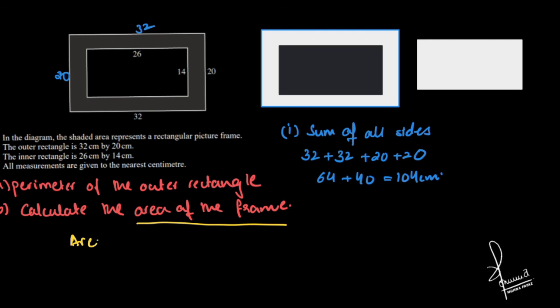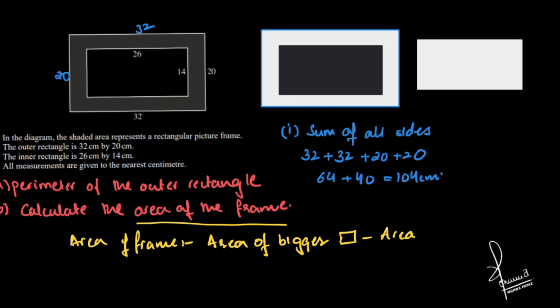So area of frame, like we talked about, is area of bigger rectangle minus, because you are taking it out, area of smaller rectangle. Area of the bigger rectangle is also length into width, but using the length and width of the bigger rectangle, which is 32 multiplied by 20, minus area of the smaller, which is also length into width, but using the smaller dimensions, 26 into 14.